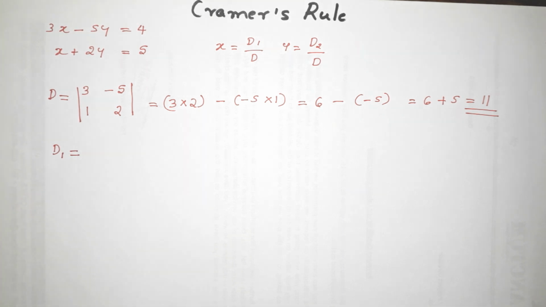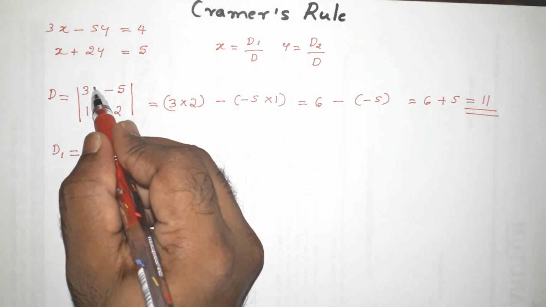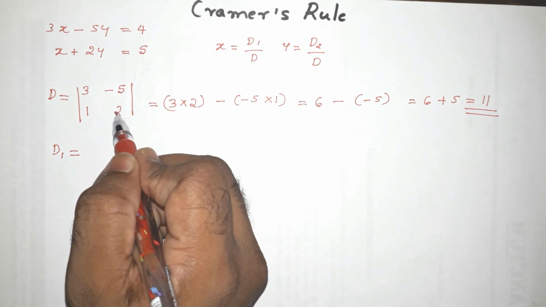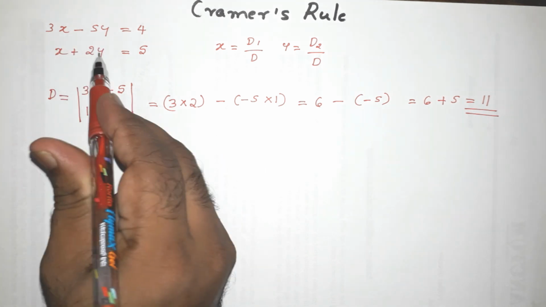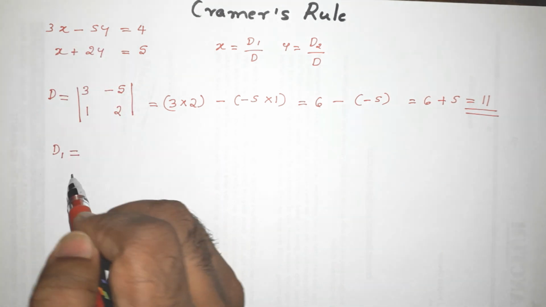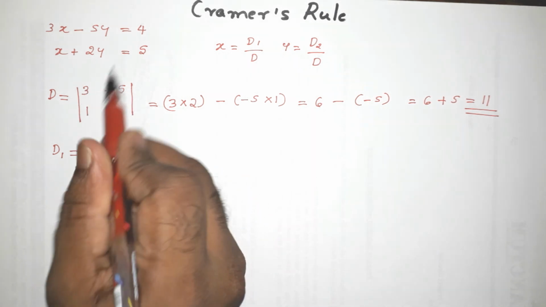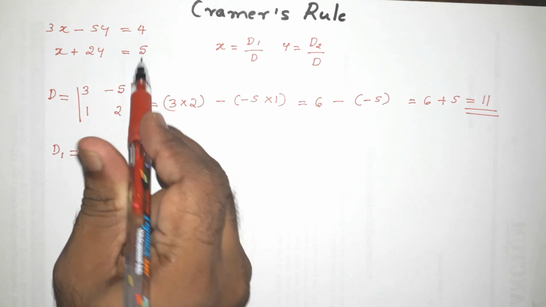Here the same method is adopted but with a little change from delta. In delta I have written 3, 1, minus 5 and 2, taking the values of x and y from the two equations. Now in delta 1 I will replace the first column by the equation answers.